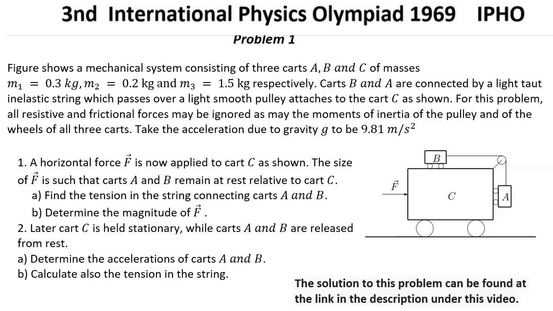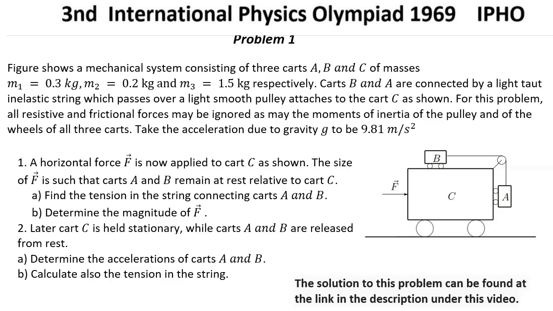For this problem, all resistive and frictional forces may be ignored, as may the moments of inertia of the pulley and the wheels of all 3 carts. Take the acceleration due to gravity g to be 9.81 meters per second squared.